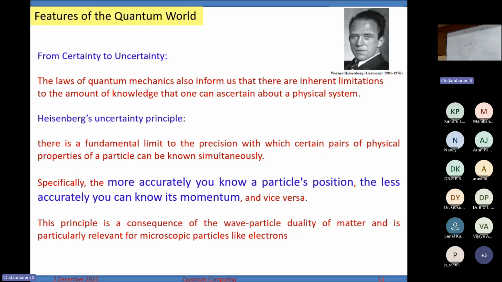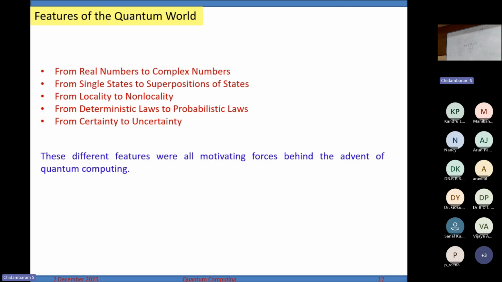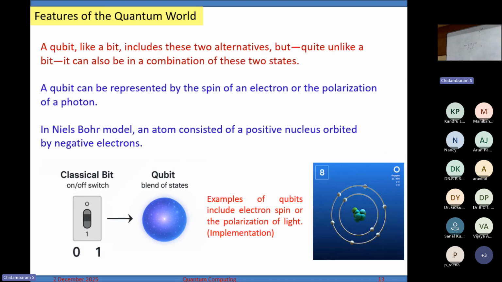From where this is linked, yesterday Professor Balakrishnan was mentioning the wave particle duality, light being in the condition of a particle as well as a wave, right? So these are the features of the quantum world. That is what actually makes quantum computers different from classical computers. Again, you can see that here we have a classical bit, and this is your qubit.